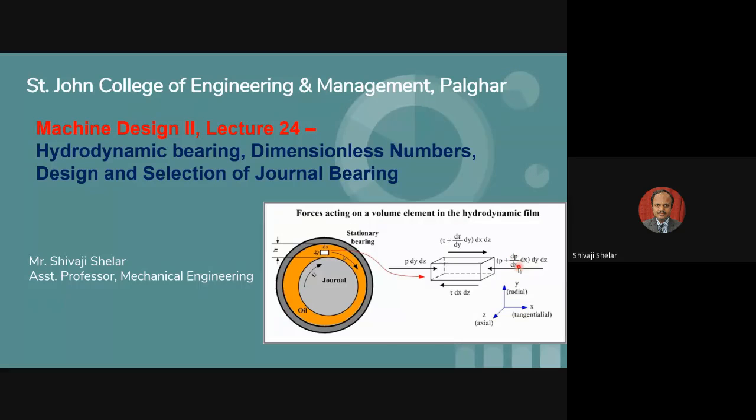Now this dp by dx may be positive, may be negative, depending upon the situation. So based on that, the pressure on the right side control surface will be there. If we consider this at radius r, the shear stress acting may be tau, and the area is dx into dz, dz being the axial direction. If you move from this surface to this surface, the area is the same, dx into dz.